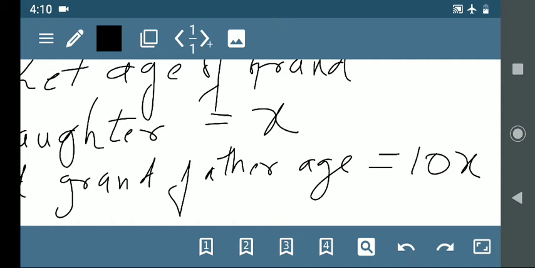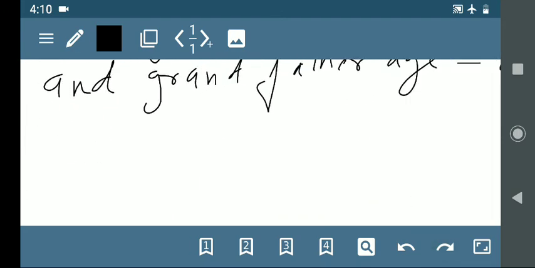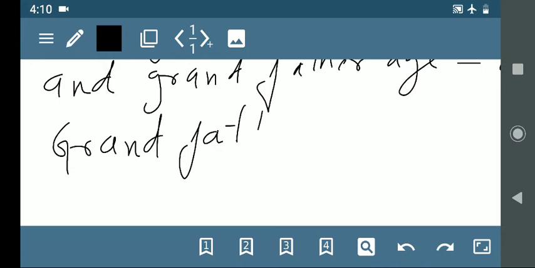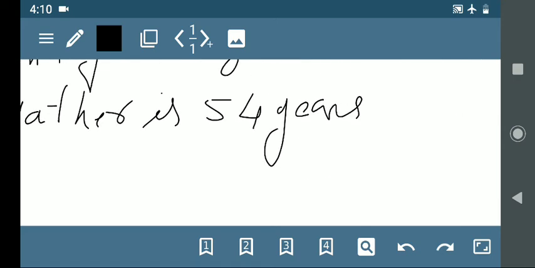He is 54 years older than her. That is, grandfather is 54 years older than whom?